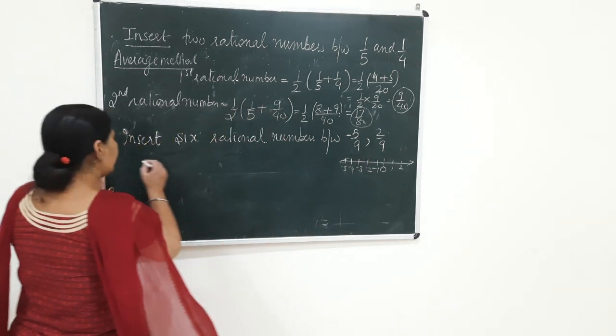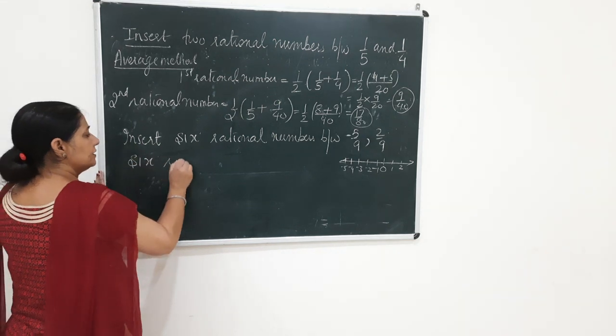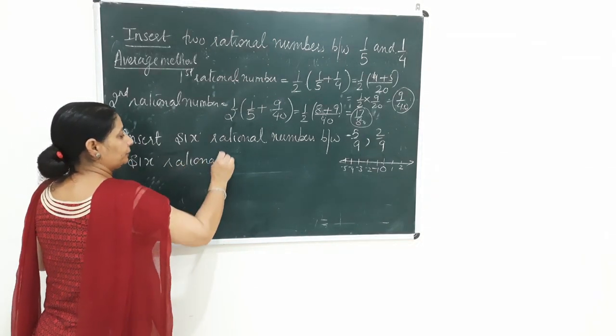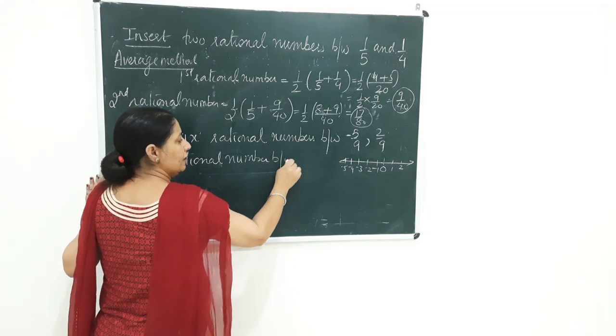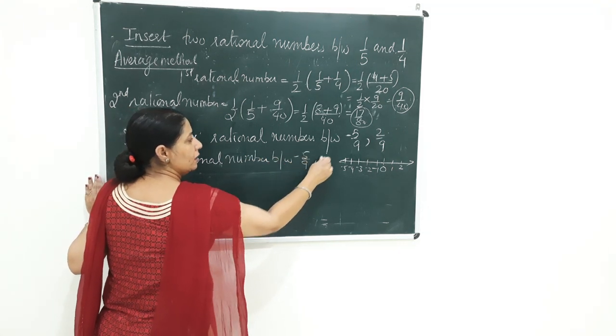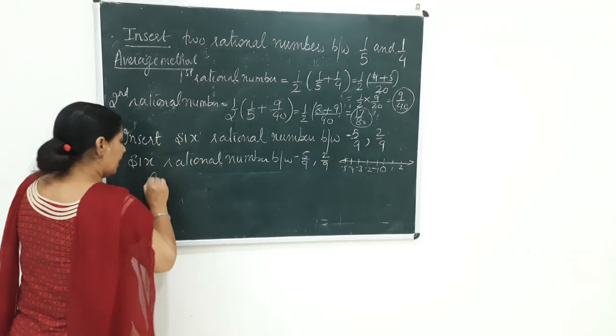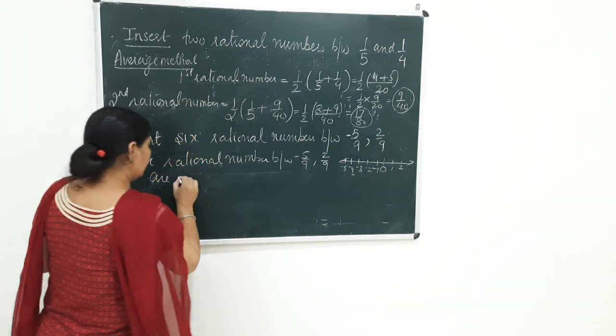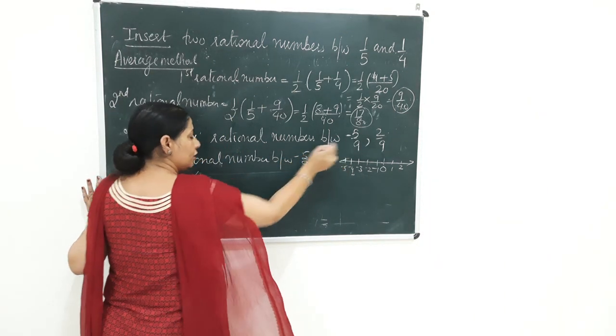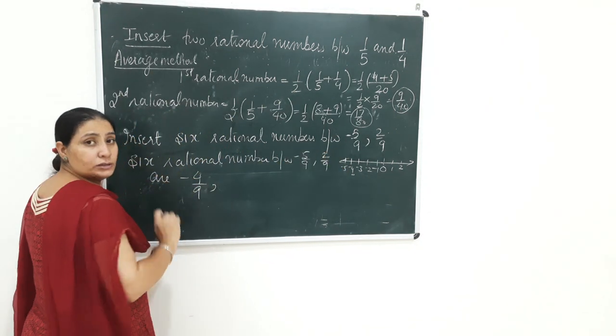So how I will write? So simply I will write 6 rational numbers between -5 by 9, 2 by 9 are. क्या लिखते हैं? सबसे पहले ये नंबर देखो, -4, ठीक है, and denominator you will write 9 in all the cases.